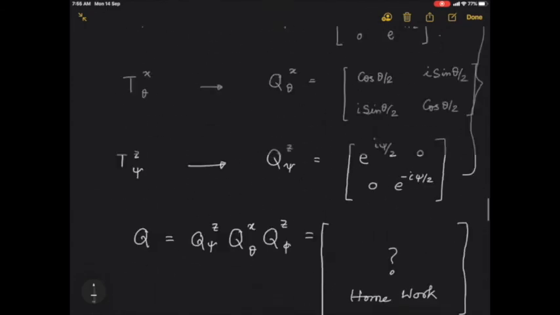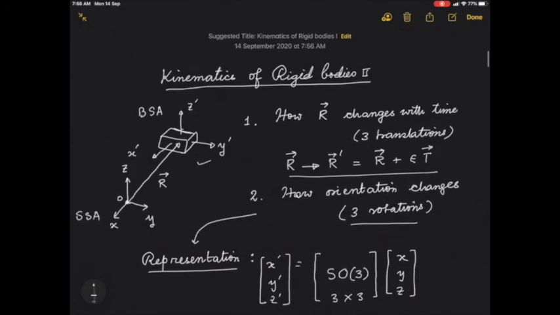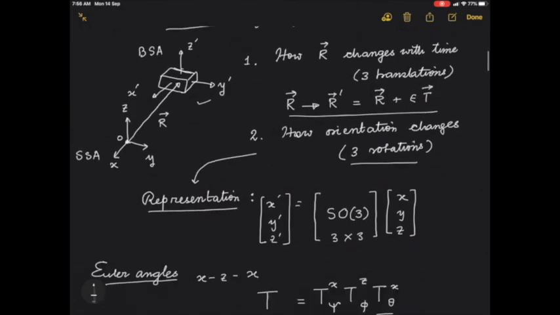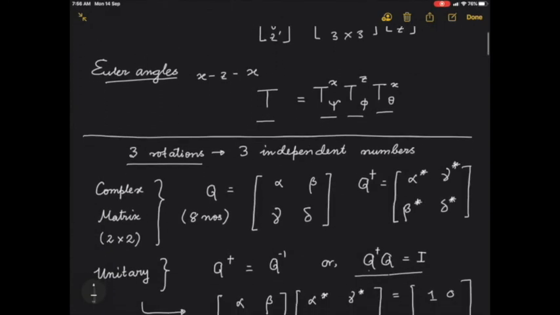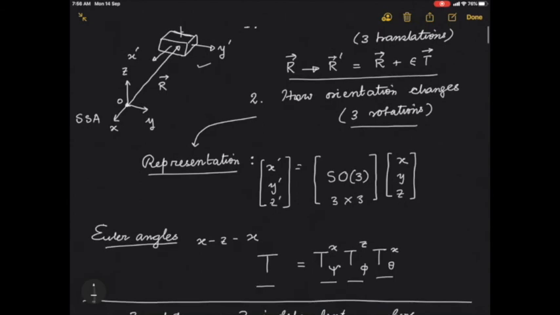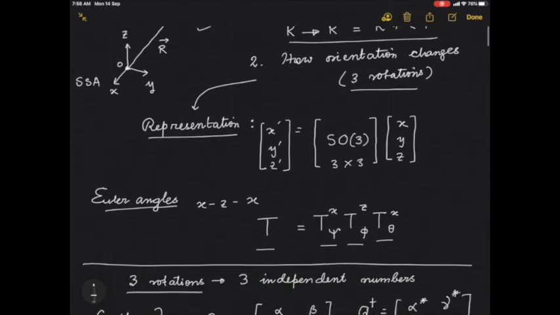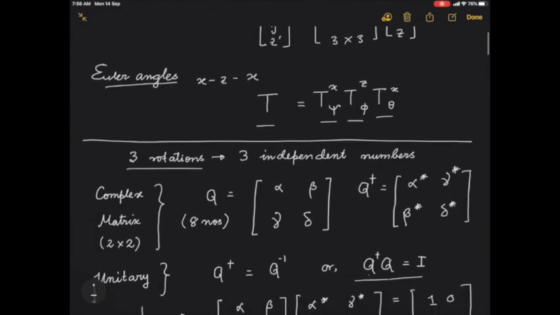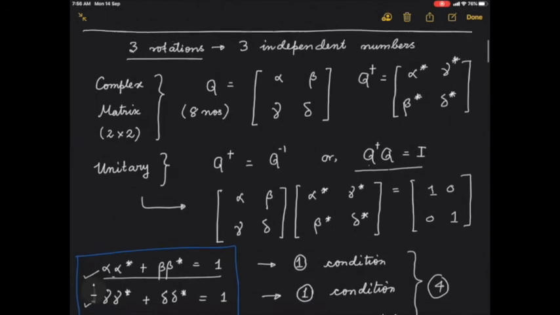So let's summarize first what we have done. Last time we learned about this representation which gives rise to rotation. It's the generator of rotation essentially, which we called the SO3 representation, spatial orthogonal, three-dimensional, and we saw one case in terms of Euler angles.